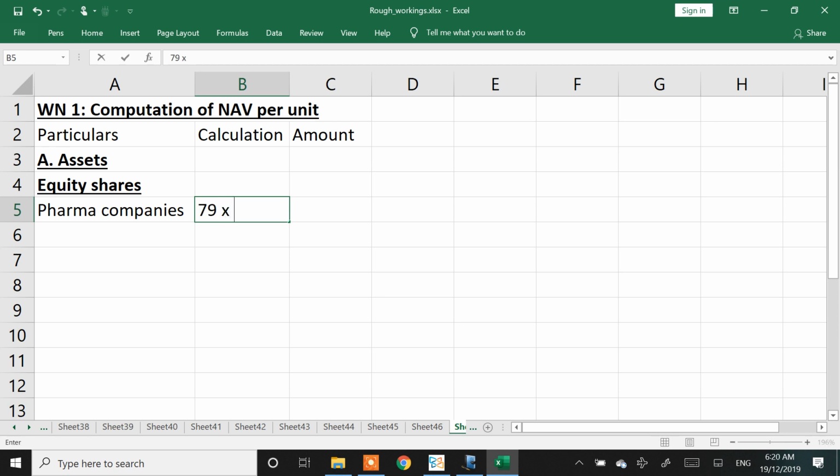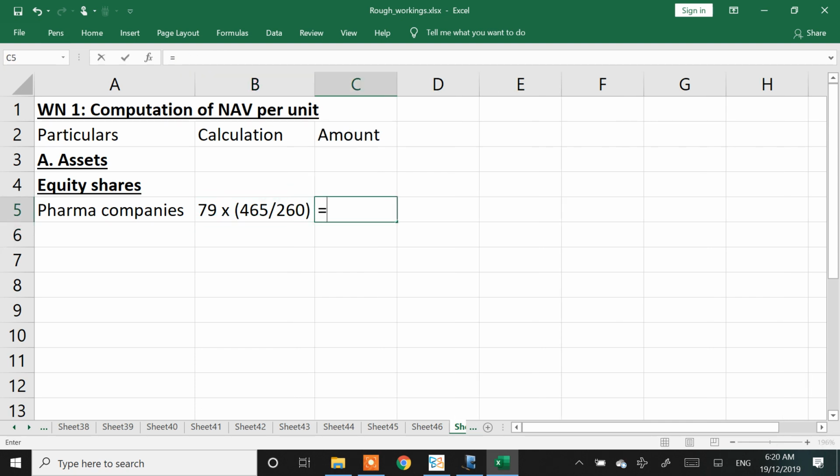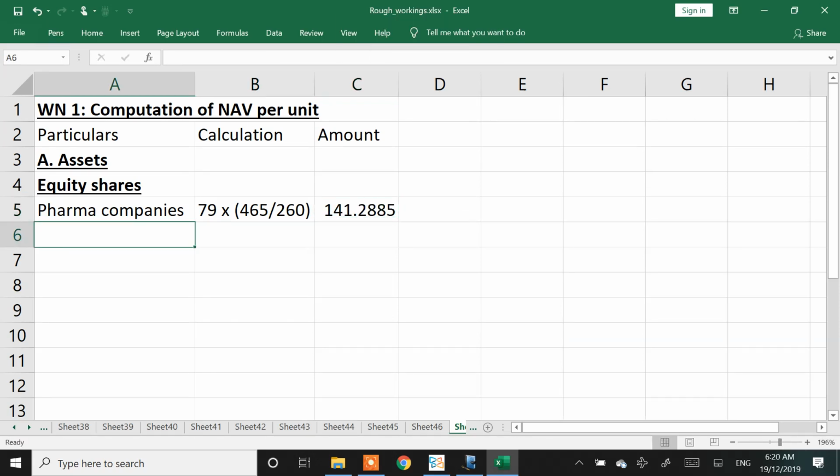So 79 into 465 by 260. You can work with 4 decimals. 79 into 465 by 260 is 141.2885 crores.